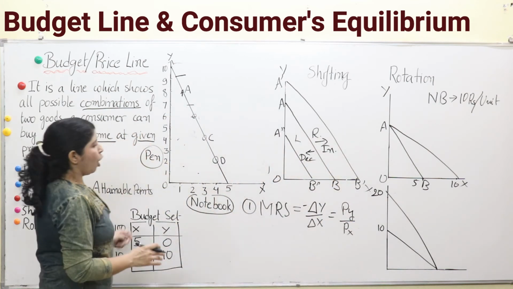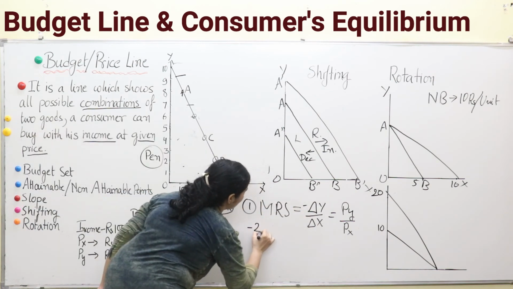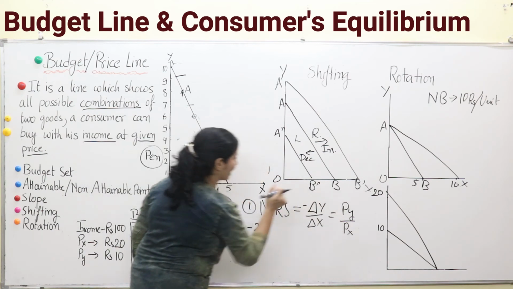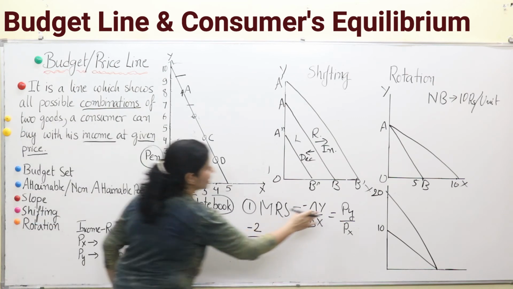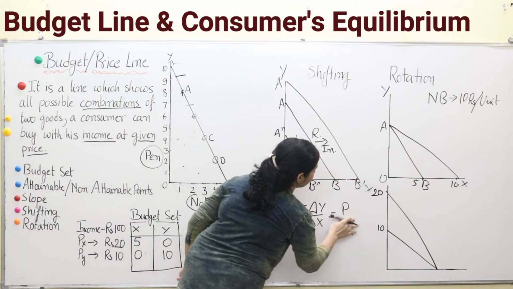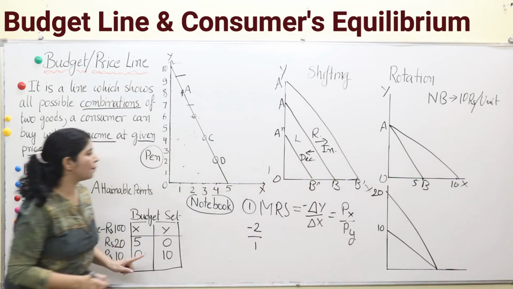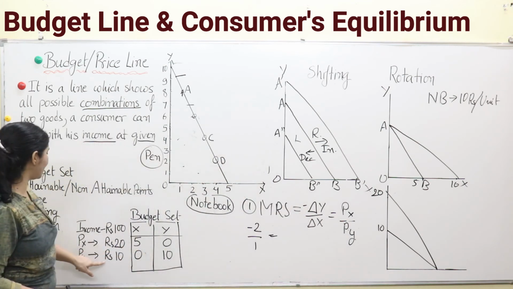So here, what is the marginal rate of substitution? Minus 2 by 1. And what is Px by Py? Sorry for the confusion. Here, what is Px?